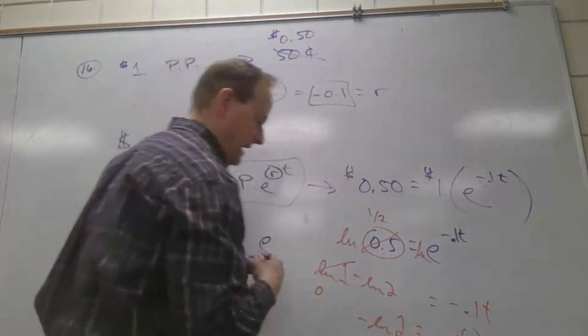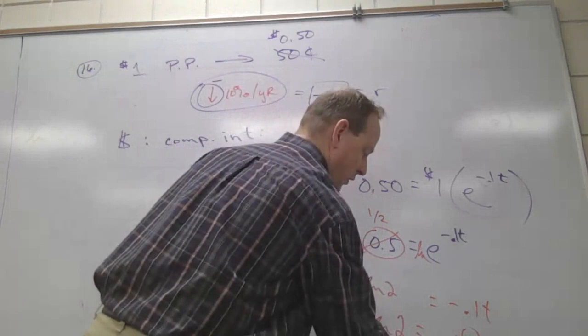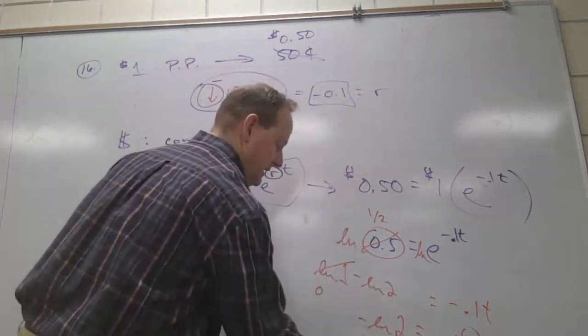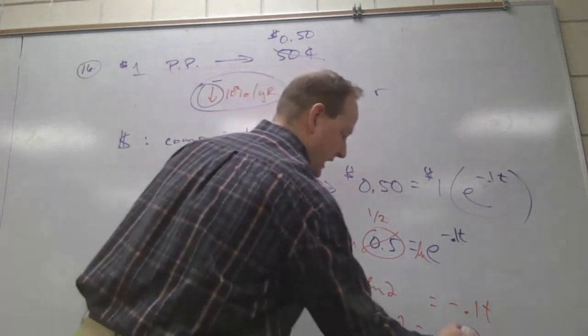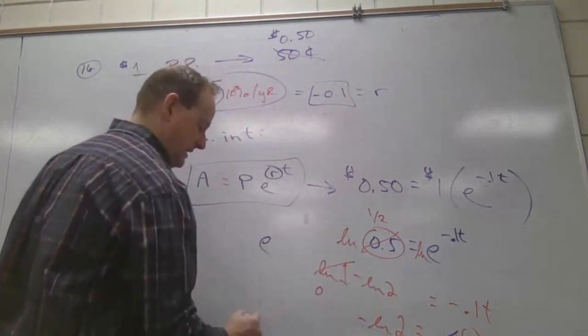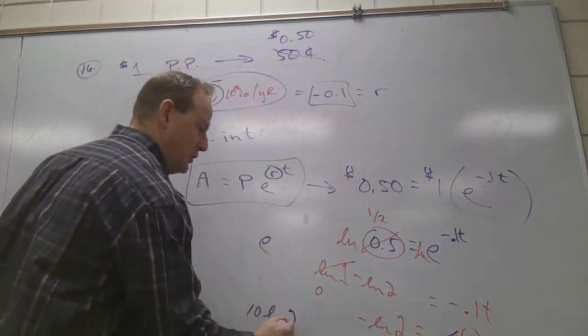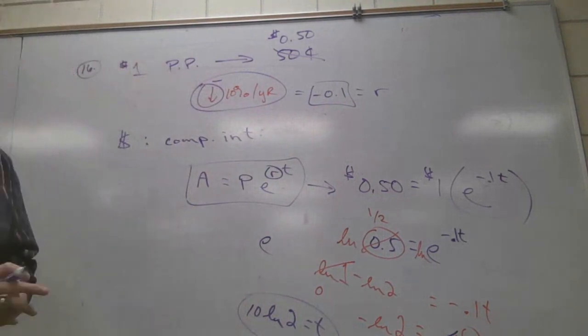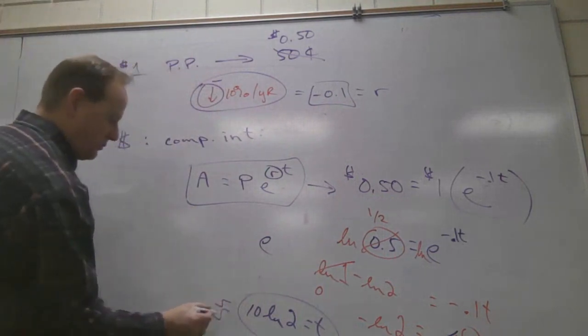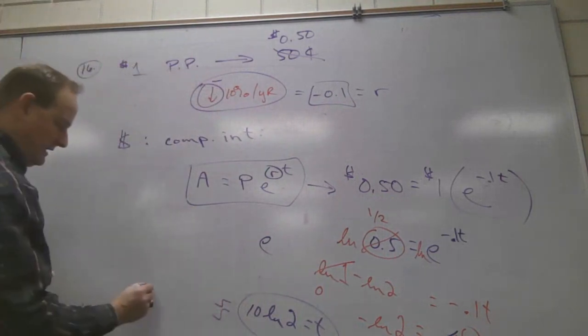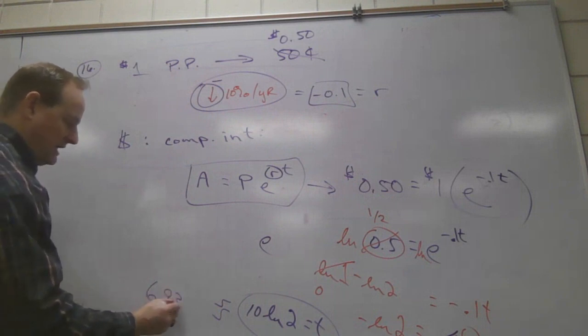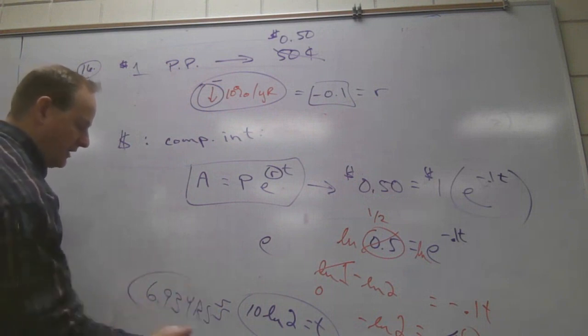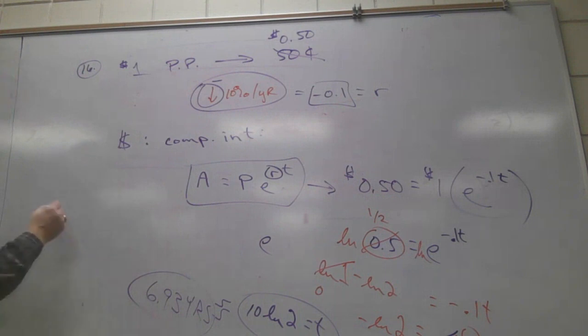And to solve for t, divide both sides by negative 0.1, which means I multiply it times 10. So 10 natural log of 2 is t. That's the exact value. Of course, it's years, right? So what is 10 natural log 2 approximately? 6.93 years.